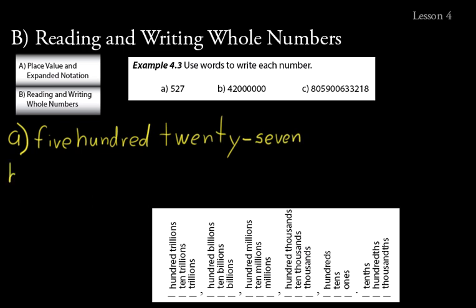B, it's a good idea to add commas first. So let's just write this out. 4, 2, and then let's go count how many zeros we have. 1, 2, 3, 4, 5, 6. We have 6 zeros. Counting them just helps make sure you do this the right way. 0, 0, 0, 0, 0, 0.